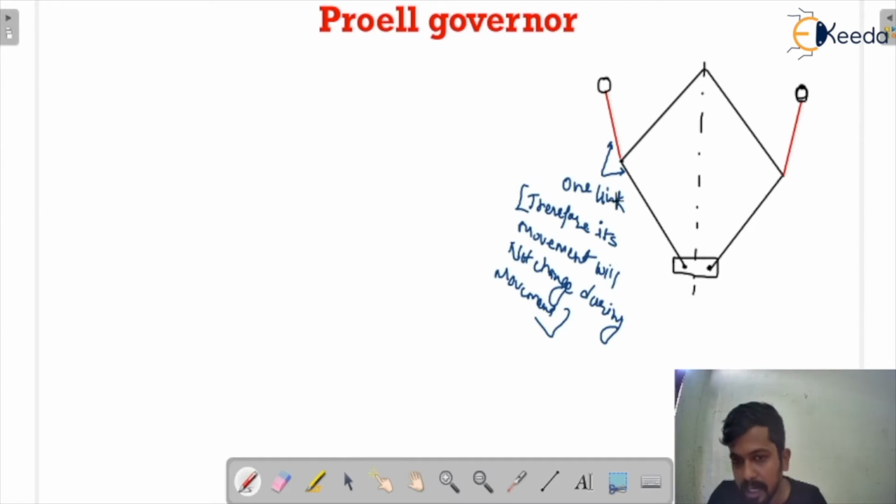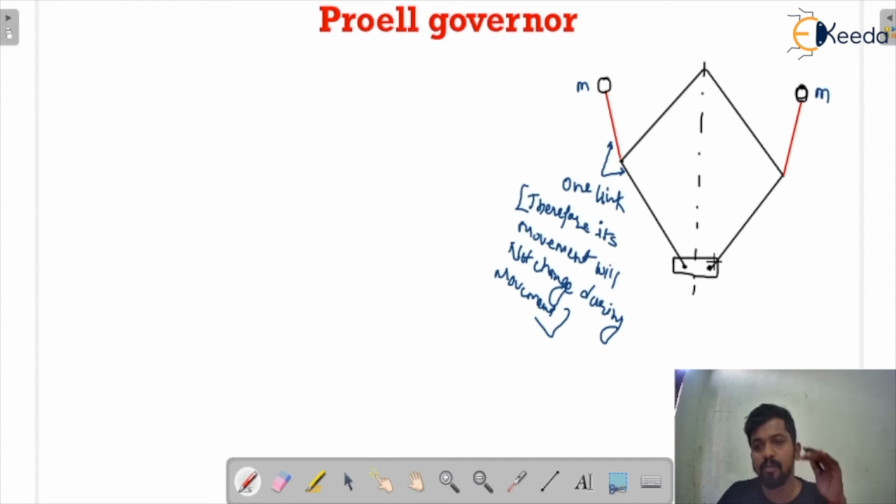Now this is one link, and there is a fly ball of mass m attached here, and both have the same mass. There is also a mass of the sleeve here. In the Provincial Governor, we consider the mass of the sleeve: if the mass of the sleeve is capital M, then the weight would be Mg, and there is friction acting on the sleeve.